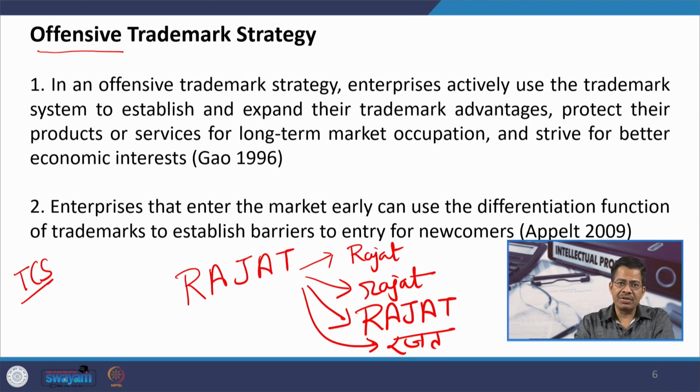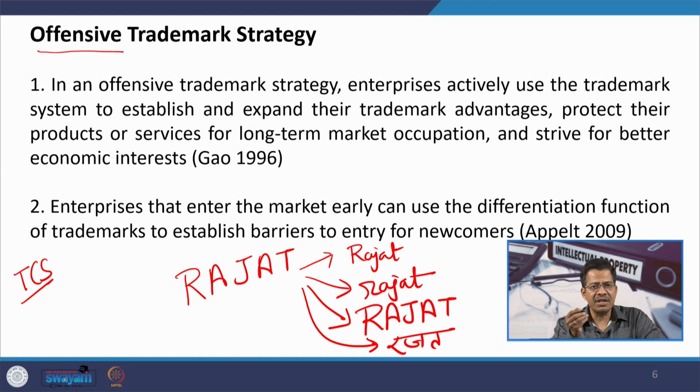So, it is not necessary that only FMCGs or those who are dealing with consumer products will go for offensive trademark strategy, but other types of organizations wherever they want to have an aggressive position in the market, so that you are creating a lot of entry barriers for newcomers in that market, they all will go for offensive trademark strategy.